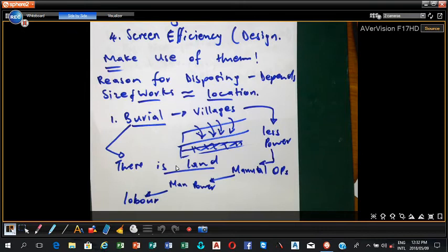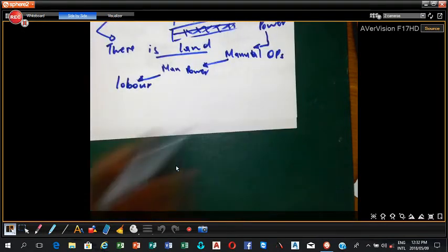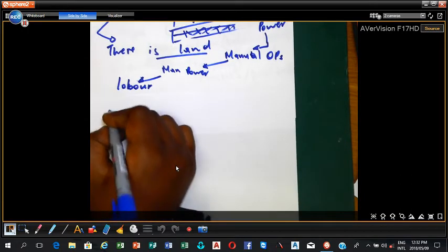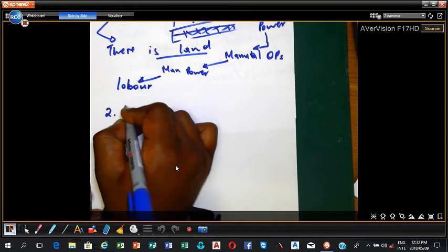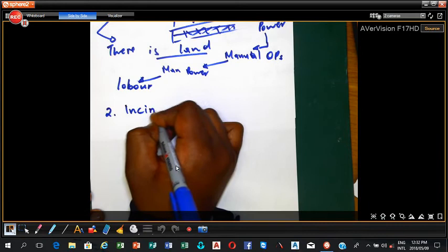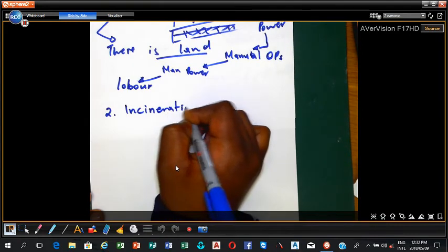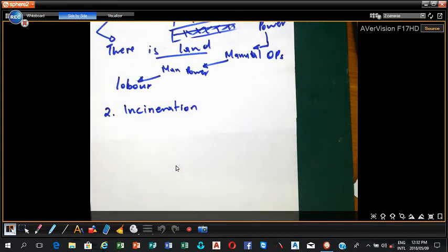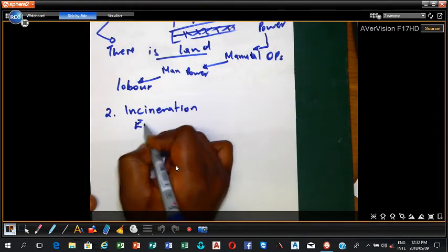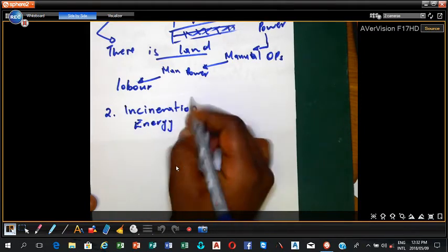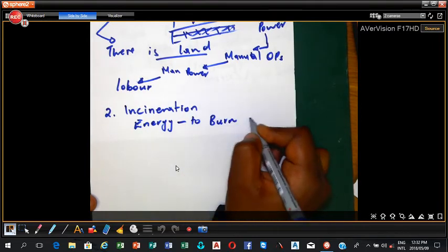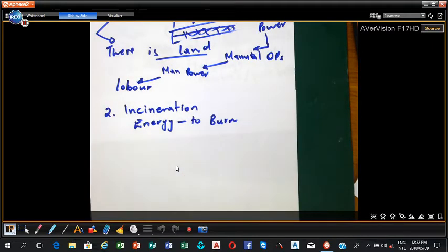And also, the second method is incineration. Now, when you speak of incineration, you're going to speak of energy to burn.